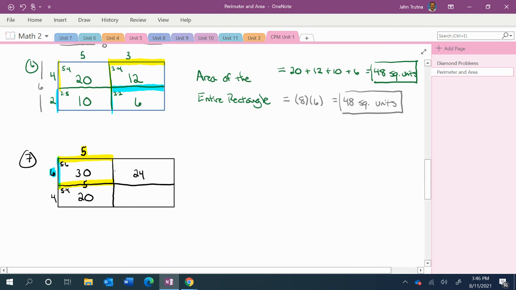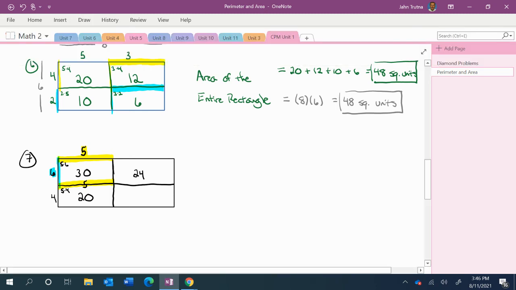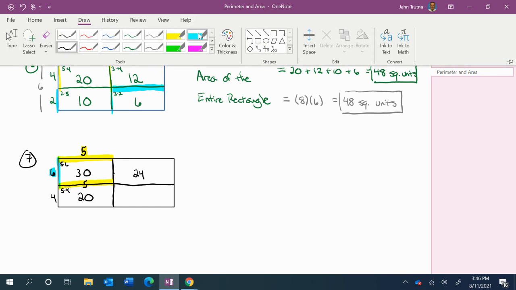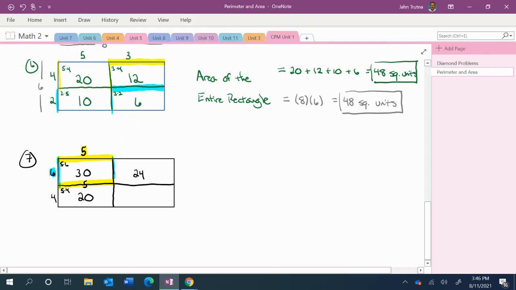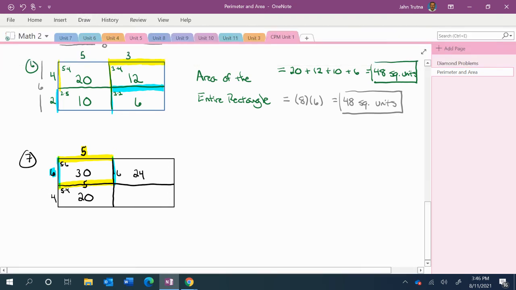Okay, and then hopefully a lot of you are seeing this right here. You're going, wait a second, this top right rectangle has an area of 24. And if the left side of this top right rectangle matches up with 6, that means there is a width of 6.